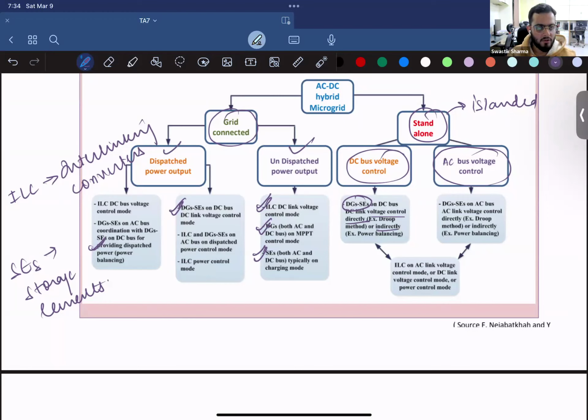If your power is balancing, your voltage will balance. But on the AC side, the voltage current control is again of two types: group control and power balancing. And your interlinking converter on both sides can work either in power control mode or voltage current control mode. So this is how your standalone mode of operation behaves.